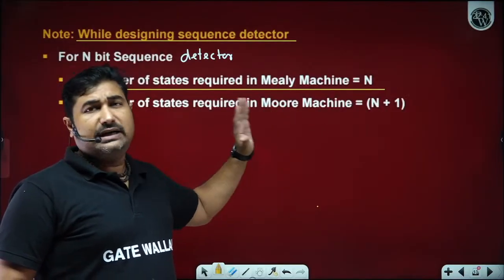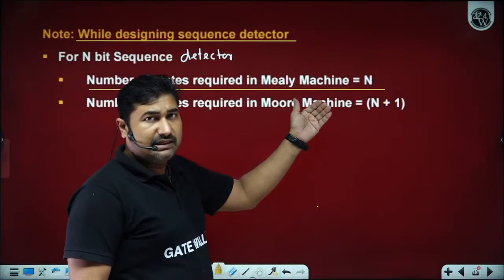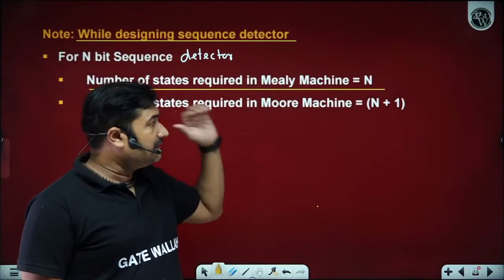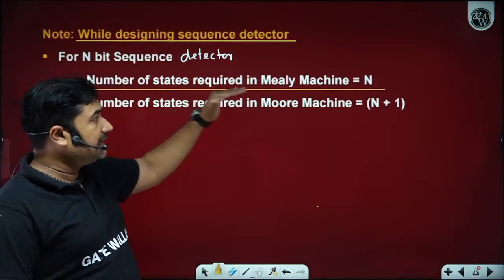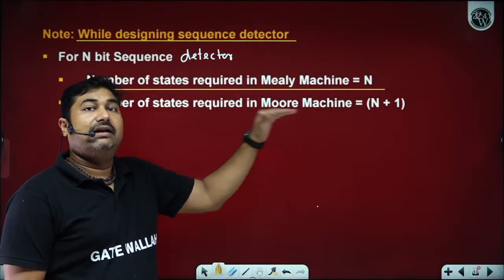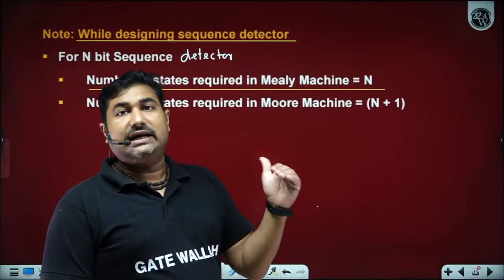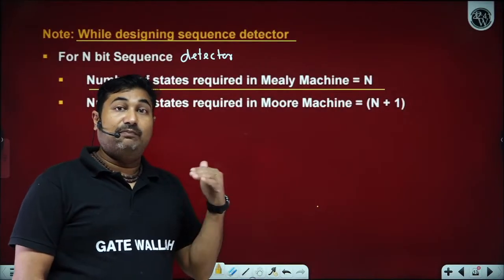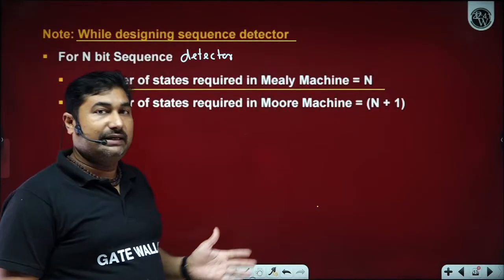This was many times already asked in previous PSUs as well as engineering services. So always remember, the number of states required for a Mealy model is always less than for a Moore model. In a Mealy model it is equal to the number of bits, and in a Moore model it is the number of bits plus 1. Is it okay?